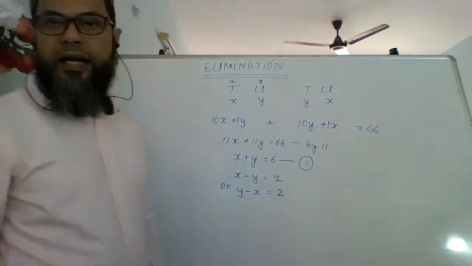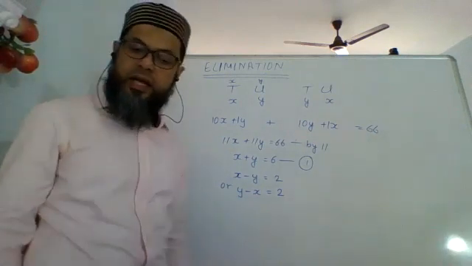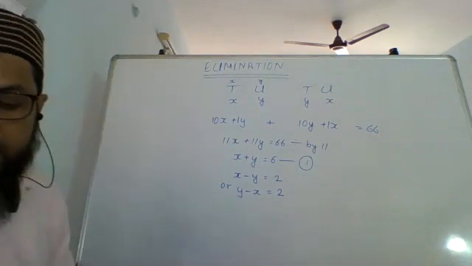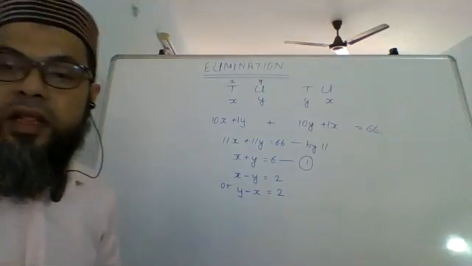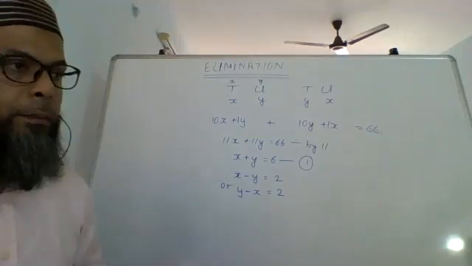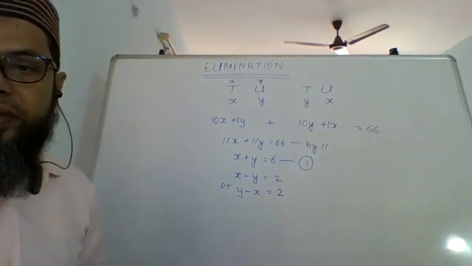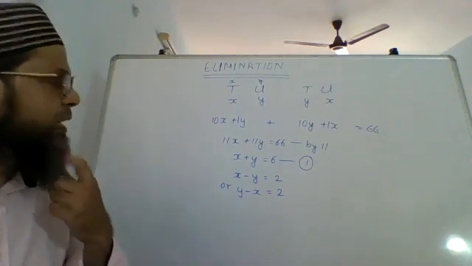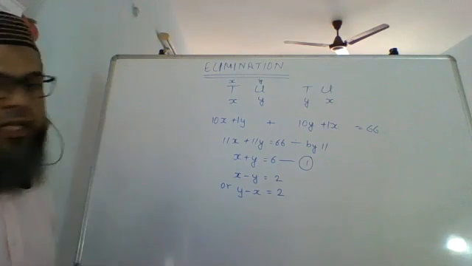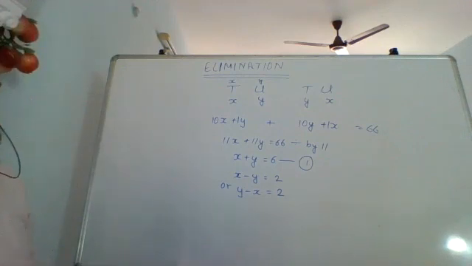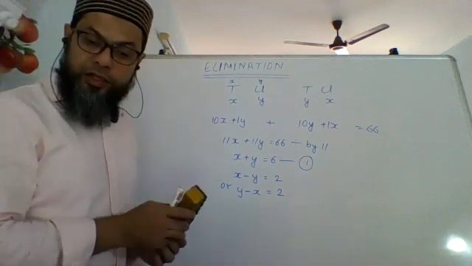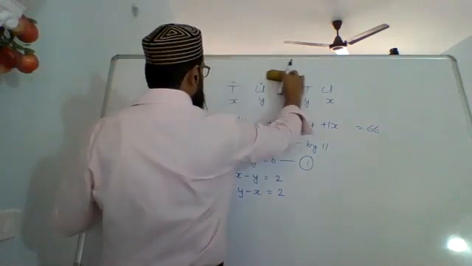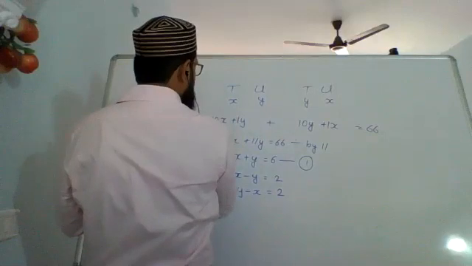Okay, let's write down stepwise. Let the digit in the tens place be x and the digit in the units place be y.